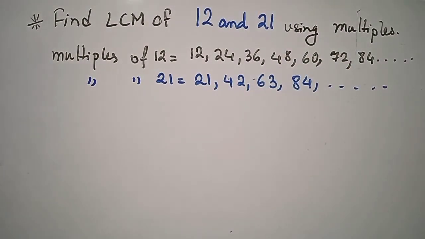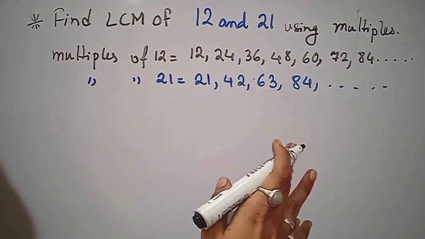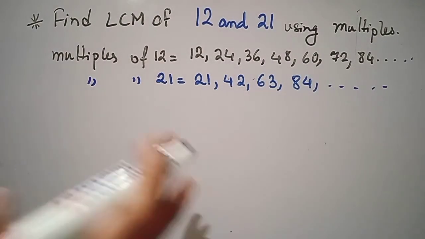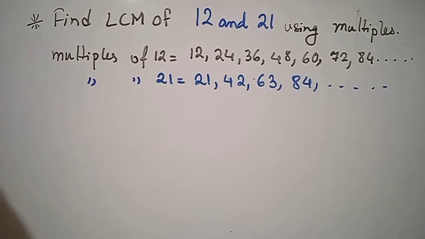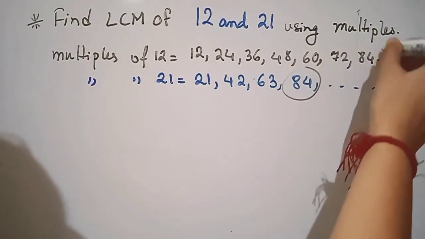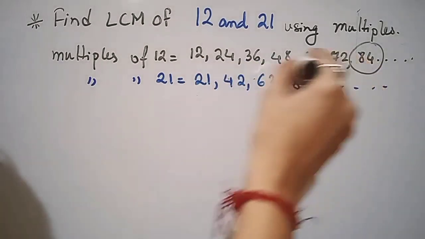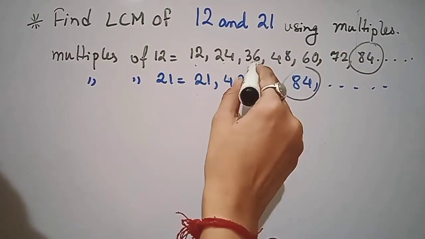Now here we are only asked to find the LCM. We don't need to find how many common multiples there are. We are only concerned about the LCM, the least common multiple. As I can see, the lowest common multiple, or the smallest common multiple, is 84. Because 21, 42, 63, we cannot find here among 12, 24, 36, 48.